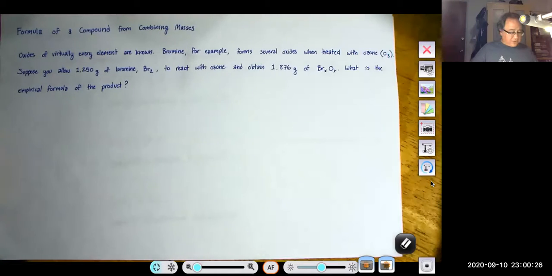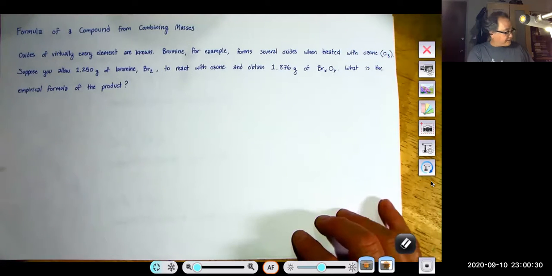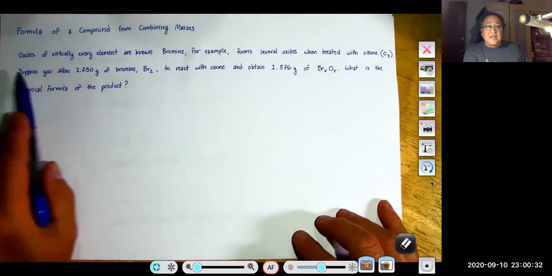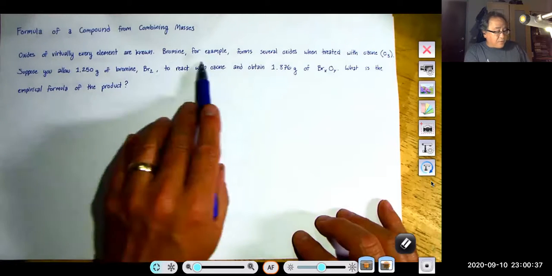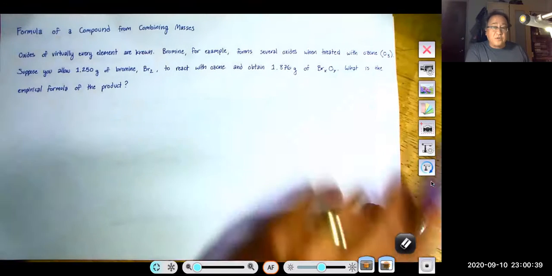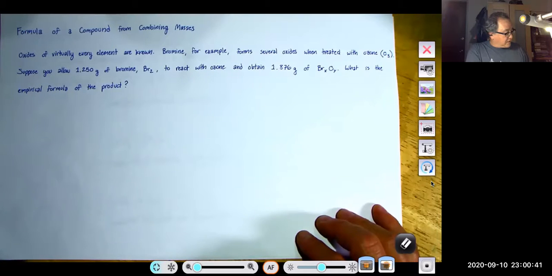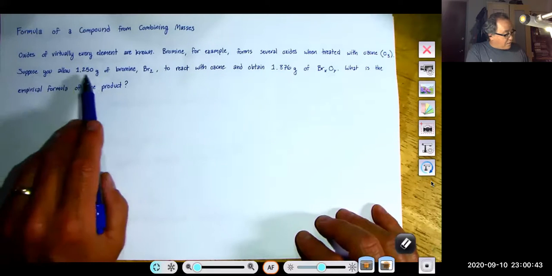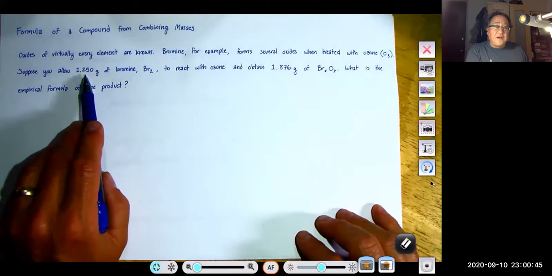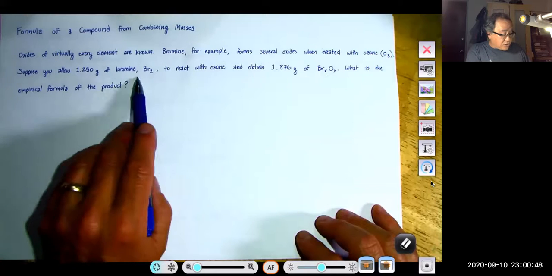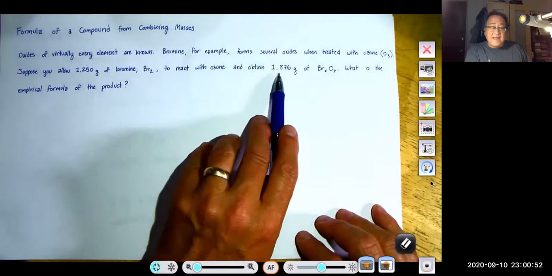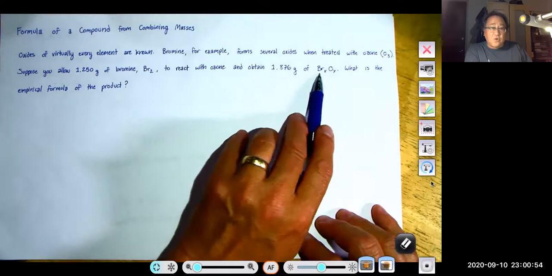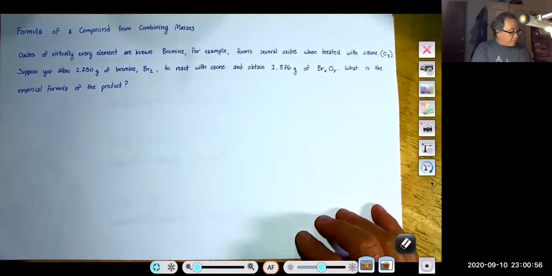Okay, so here's an example of doing a formula of a compound from combining masses. So oxides of virtually every element are known. Bromine, for example, forms several oxides when treated with ozone. Suppose you allow 1.250 grams of bromine, Br2, to react with ozone and obtain 1.876 grams of BrxOy, what is the formula of the compound?